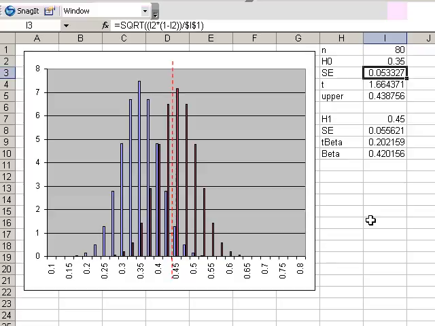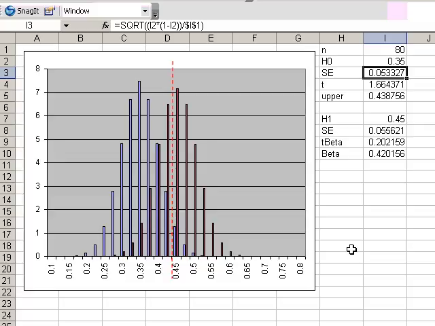The standard error for a mean value of 0.35, calculated by the formula for a standard error of a proportion, is 0.0533. So the standard error that forms this distribution is 0.0533.